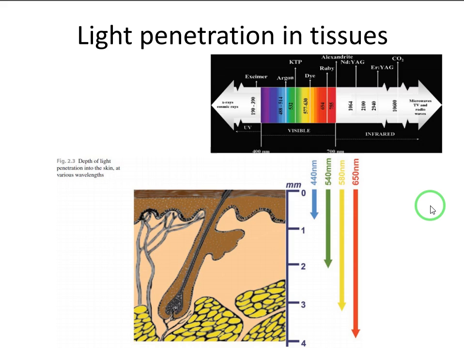But before getting into the details of that, let's have a look at the penetration depth of different lights within the tissue. As you see here, the blue light can penetrate into the body for about 1 millimeter, while the red light can penetrate for about 4 millimeters.